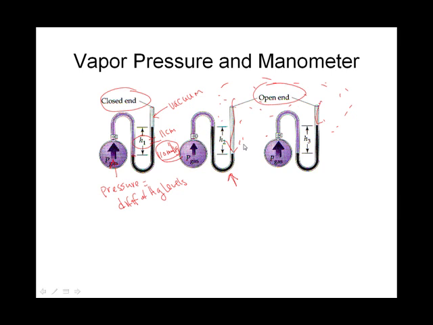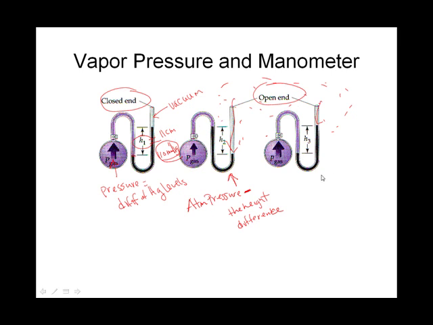So this is how we're going to calculate it. It's going to be the atmospheric pressure minus the height difference. However, on this end, you can see that the atmospheric pressure is actually weaker than the vapor pressure put onto this end of the manometer.